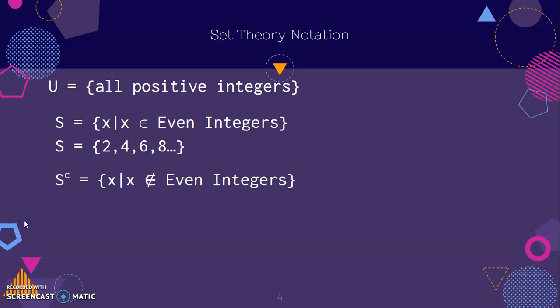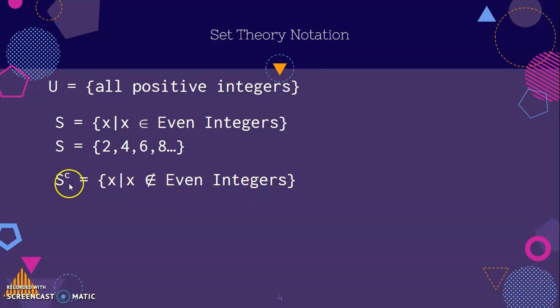Now, I'm creating a new notation with this little c that's a superscript, so it's up above like the squared. And this says complement. The C stands for complement. It is every element within the universal set that's not an even integer.